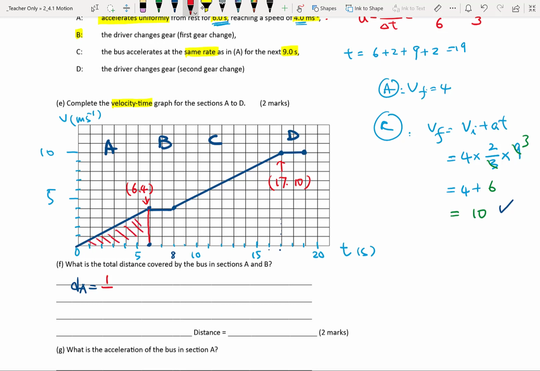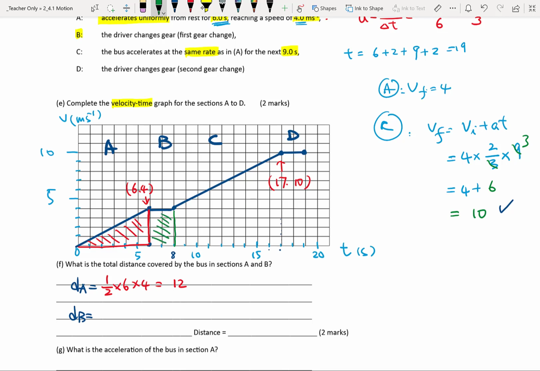So this is the triangle area. The base is 6, and the height is 4. So 6 times 4 is 24, divided by 2 is 12. Okay, so distance A is 12 meters. Okay, and distance B is how big? Here B is a rectangle.